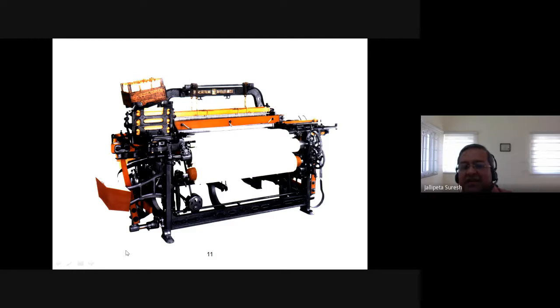Once he had this idea in his mind, he approached his friend and said, look, I have this idea, what do I do with this? His friend advised him, go and file a patent application. Imagine, this was in the year 1924. Sakiji Toyoda went and filed the application, and then he got a patent for this.